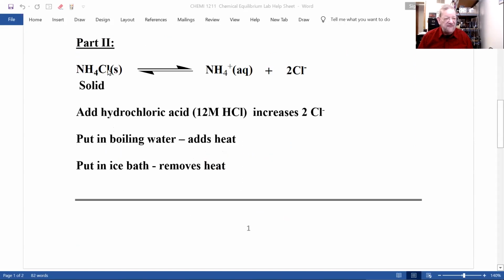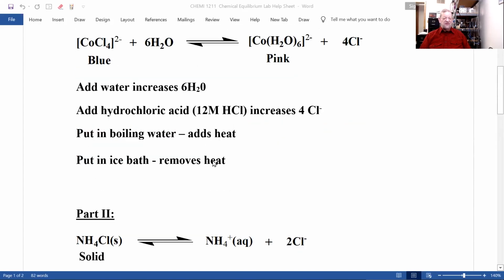And same thing for part 2. Adding HCl increases this right here, and putting it in boiling water adds heat, and putting it in ice removes heat. Remember, let me give you a little hint. If I put it in boiling water, we add heat, therefore the equilibrium will shift to the side without the heat.